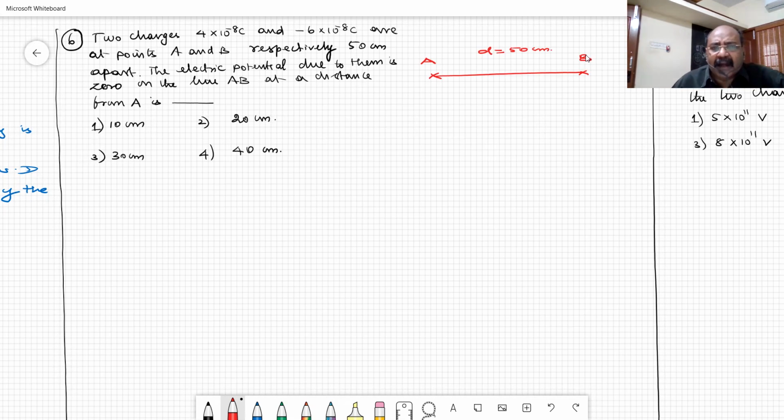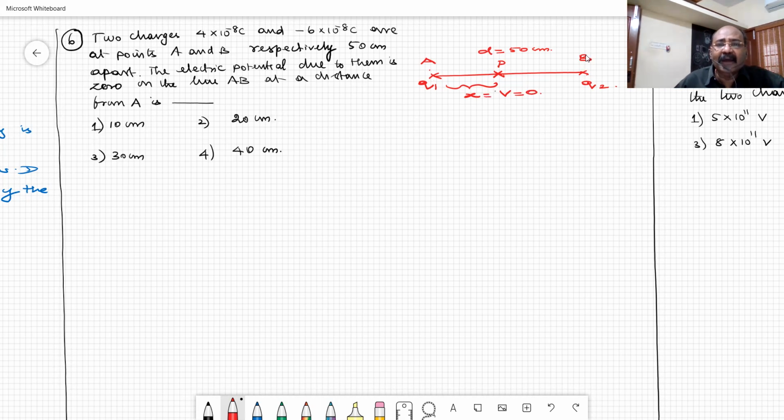Now, at point A, you are having a charge, let us take that charge as Q1. And at point B, you are having a charge Q2. The electrical potential due to them is 0 on the line AB at a distance from A. So I am considering a point P on the line joining A and B at a distance of X from A. And at this point P, I am taking the potential equal to 0.